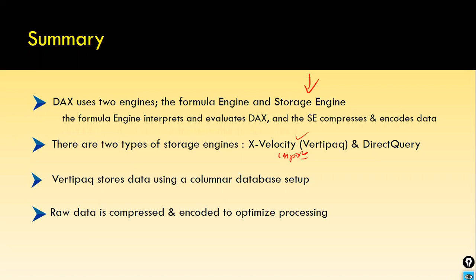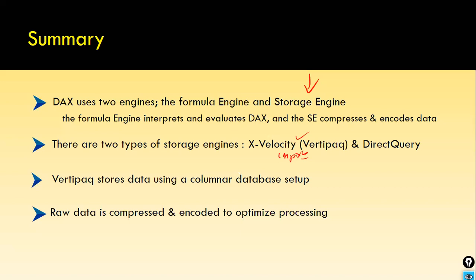So we have seen how the compression works with different types of encoding. The data can be compressed using value encoding, hash encoding, or run length encoding. The overall compression of a column is determined by factors such as the cardinality, which means the number of repeated values, the row count, and the data type. If the data type is integer, it uses value encoding.